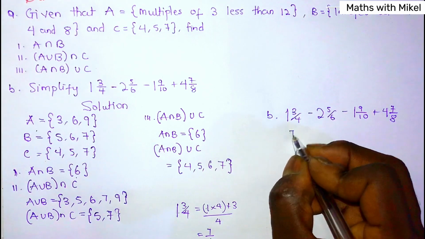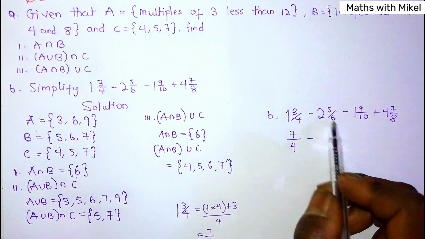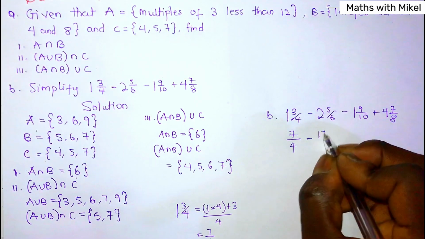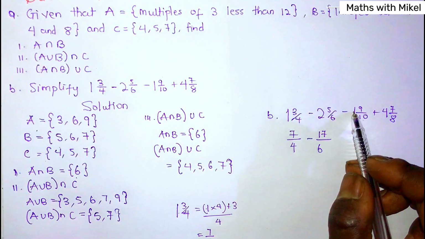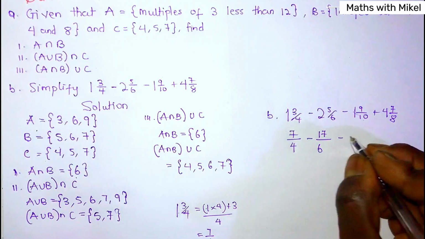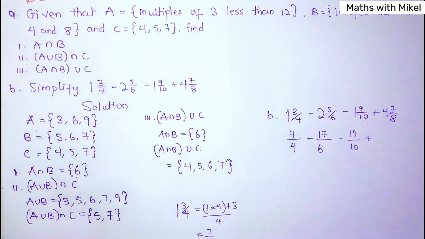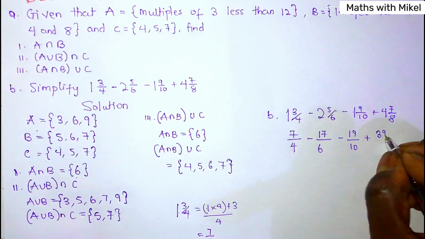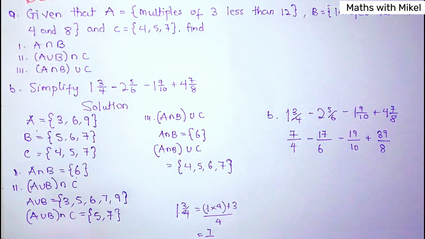We get 7/4 minus, 6 times 2 is 12, 12 plus 5, that's 17/6. 10 times 1 is 10 plus 9, you get 19/10, plus 8 times 4 plus 7, and that's going to be 39/8.